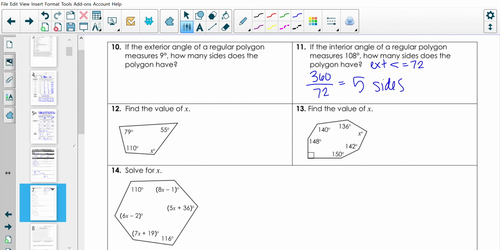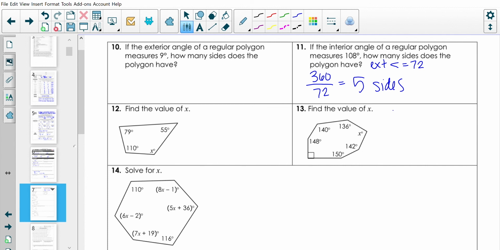Number 13, find the value of x. What should be the total interior angle measure for 13? Count the sides. Look at your chart. So what should be the total interior measure of the angles? Yeah, 900.